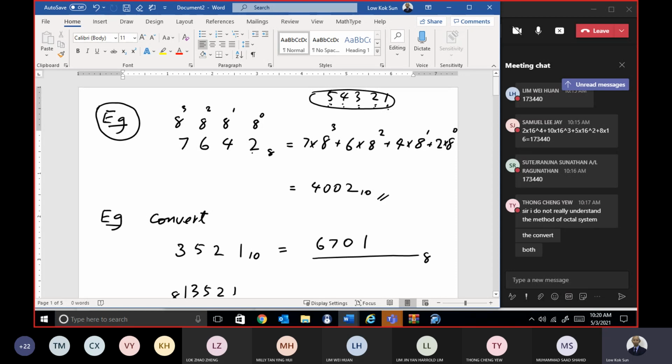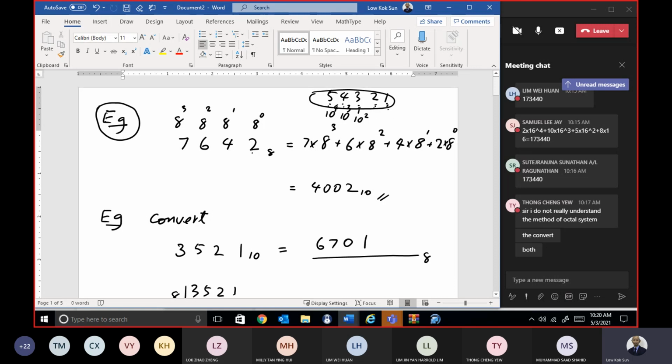10 to the power 4 is 10,000, so 5 means 50,000. This 4 has a value of 10 to the power of 3. This 3 has a power of 2, means 100, so 3 is a value of 300. The 2 is 10 to the power of 1, means 20, 2 times 10 to the power of 1.